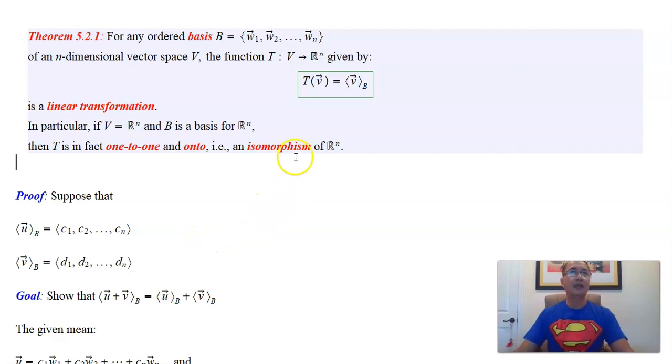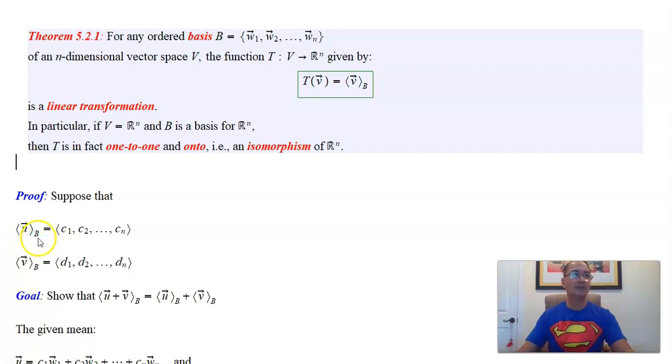Okay, so additivity. We have two vectors in our domain V, and then we construct their coordinates. So T of V is this, which I have down here, and we have another vector U. I just put it in alphabetical order. Okay, makes more sense.